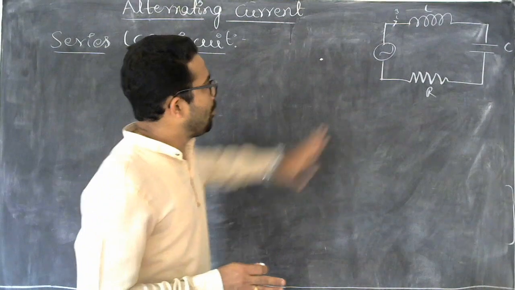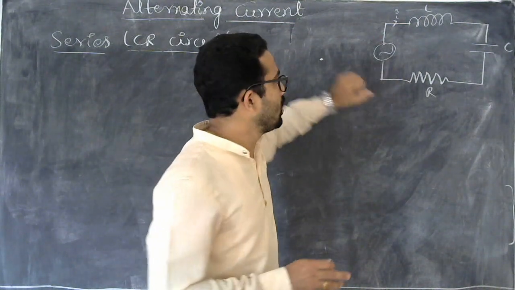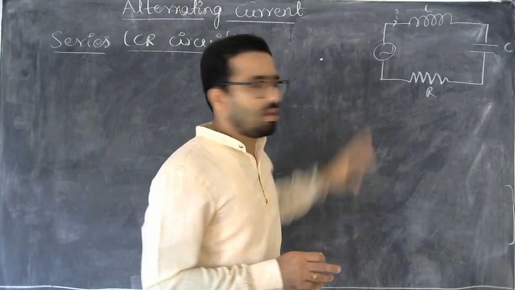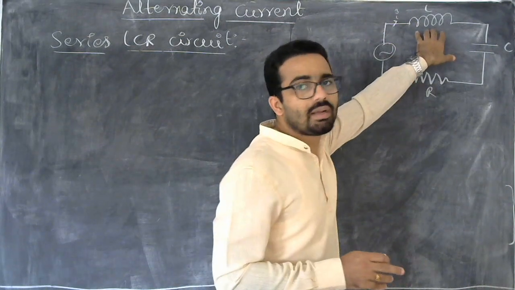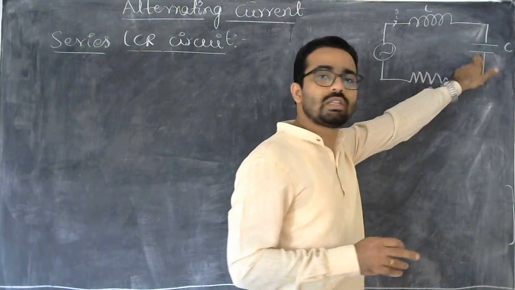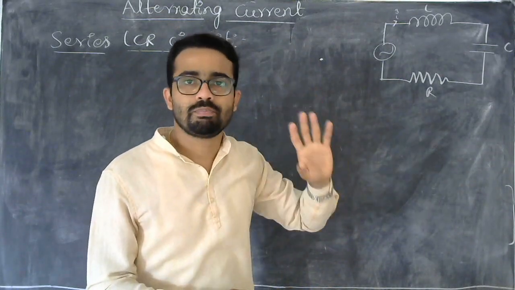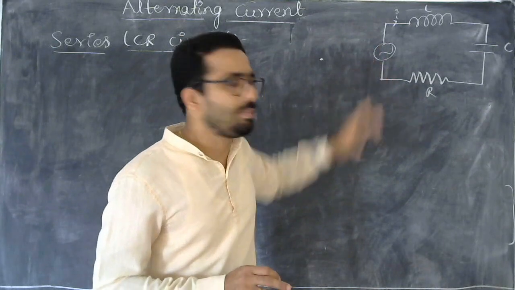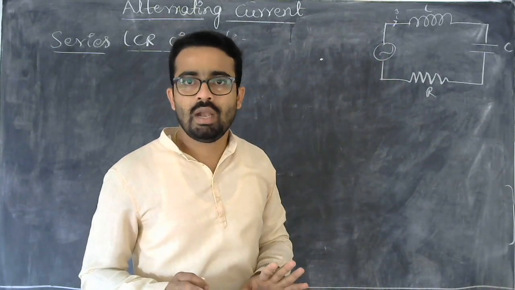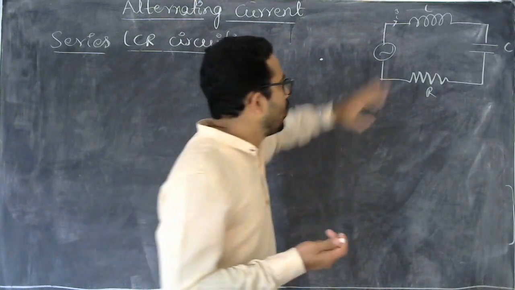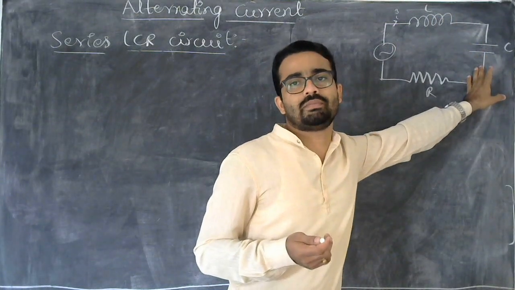Because the voltage created by the source will not be the same as the voltage across the inductor, the capacitor, or the resistor. In the previous cases, while studying these components separately, we directly applied KVL and got that the voltage across this component is equal to the voltage across some other component.